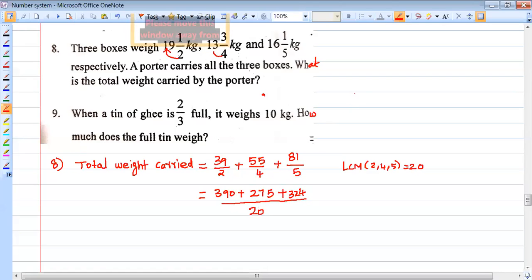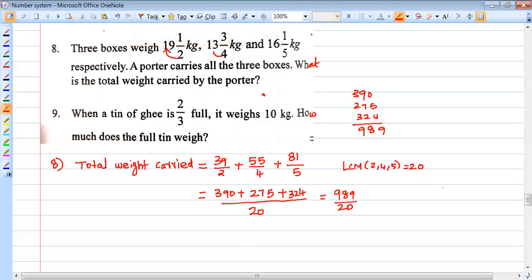If you add up 390, 275 and 324, you will get 989. So 989 divided by 20.